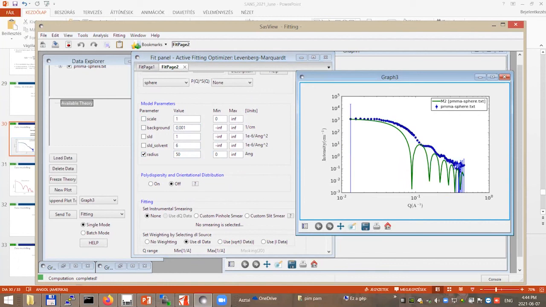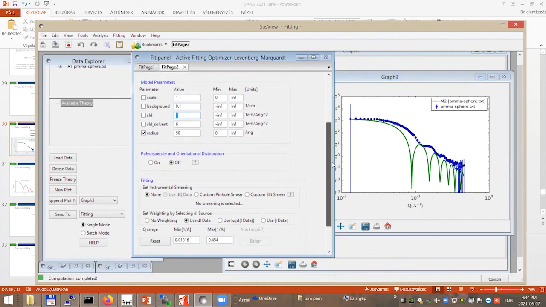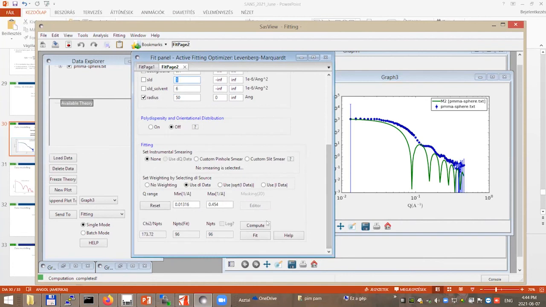The experimental background is somewhere on this level of 10 to the power of -1, so 0.1. If by hand I put here 0.1 and don't change the other parameters, then I can make a computation, and now at least the end of the curve matches the data more or less.